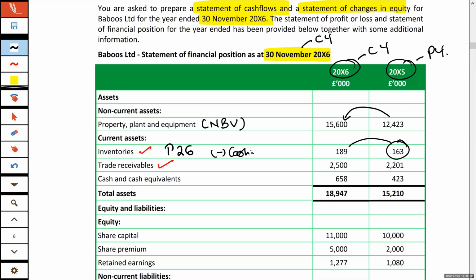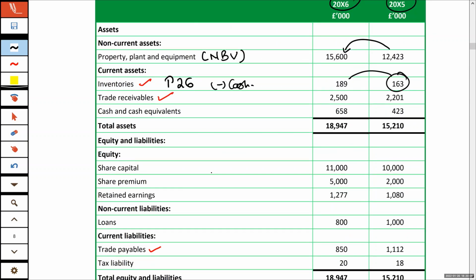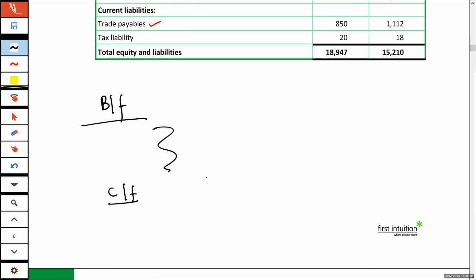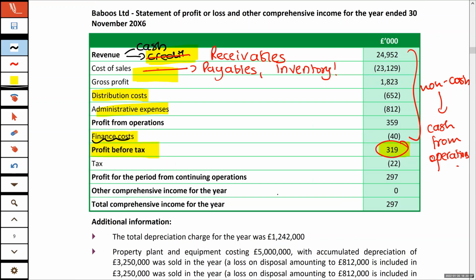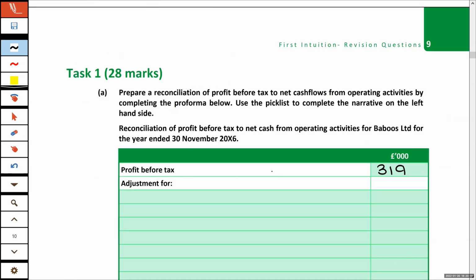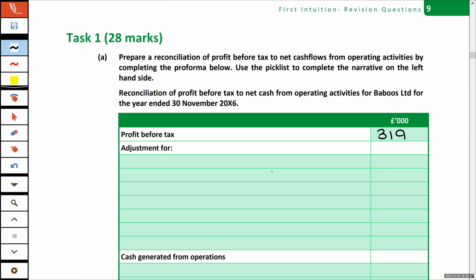And what we do is we take that 26 and we show that in our reconciliation of profit before tax to net cash. We leave a few lines for doing all our non-cash items. And what we show after our non-cash items is a working capital movement.